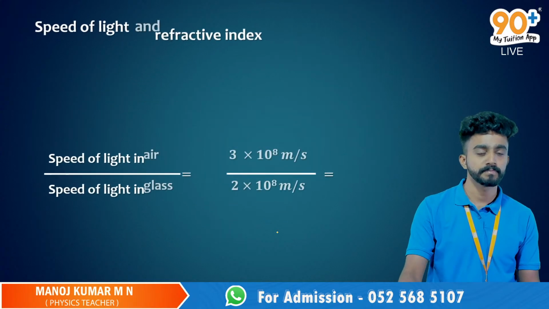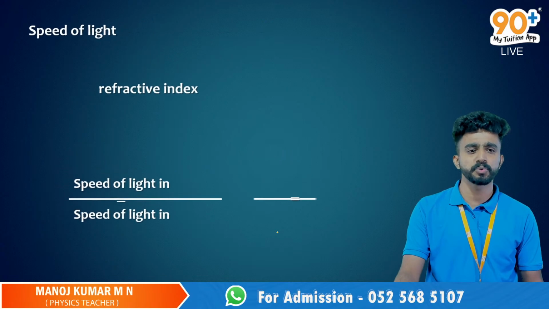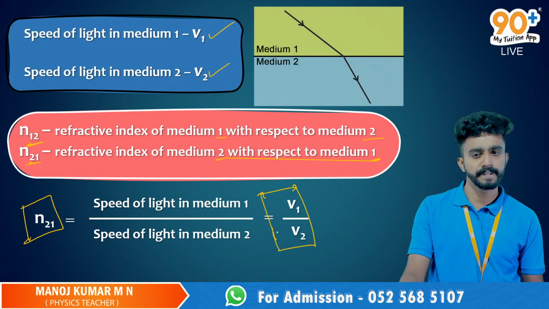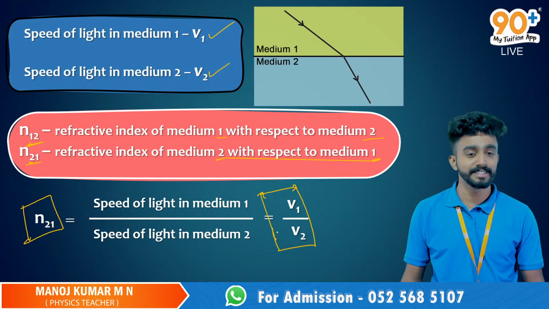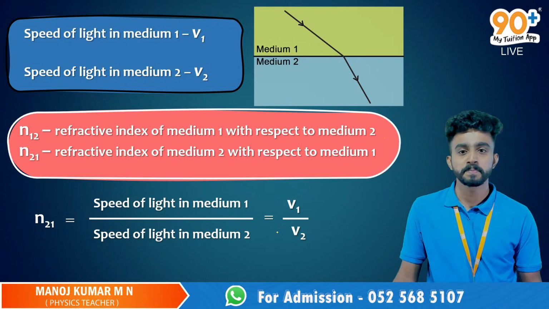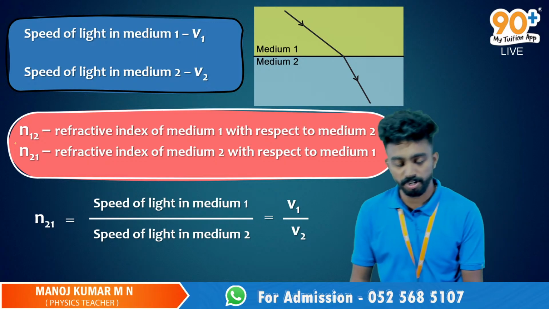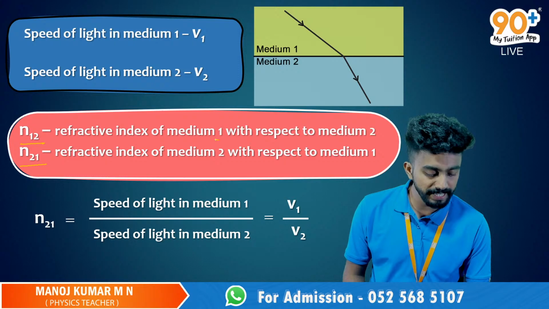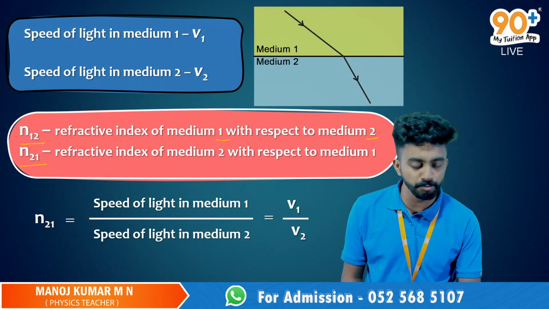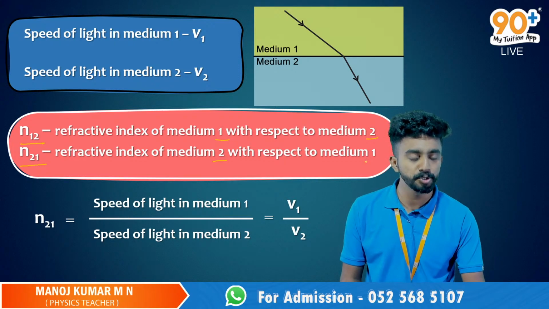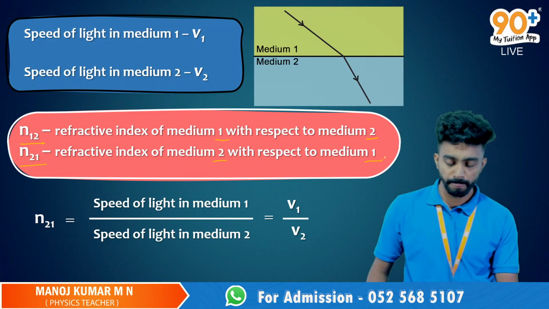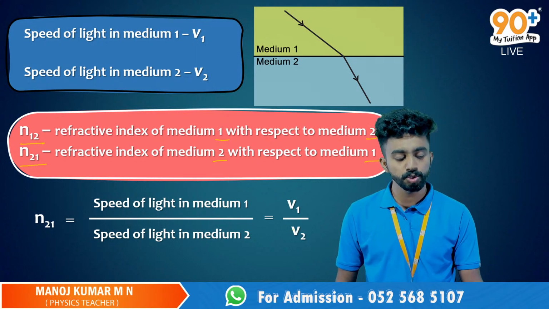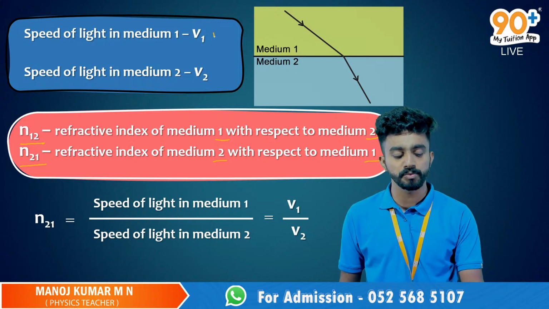Everyone done, right? The previous one? Some of you are saying, sir, not done yet. Refractive index of medium 1 with respect to medium 2. Refractive index of medium 2 with respect to medium 1. N21 is equal to V1 by V2. Speed of light in medium 1 is V1.